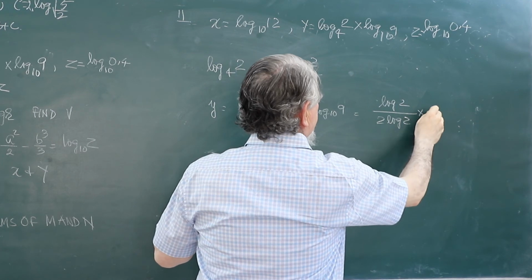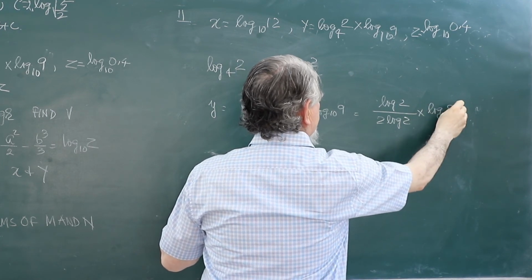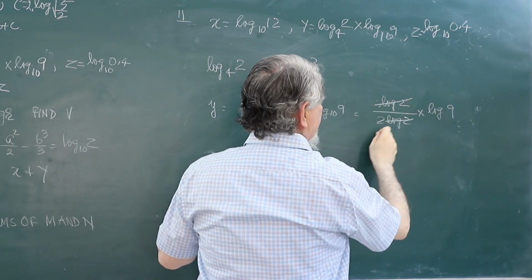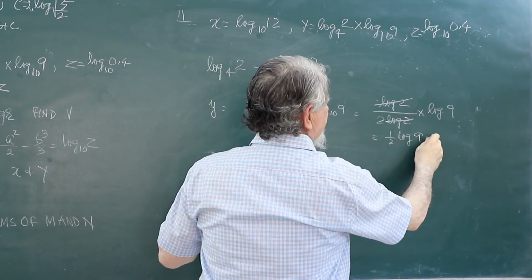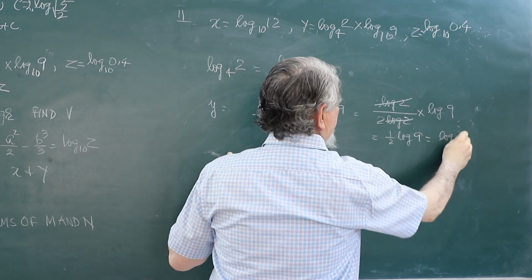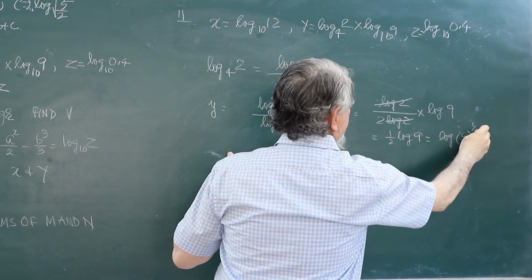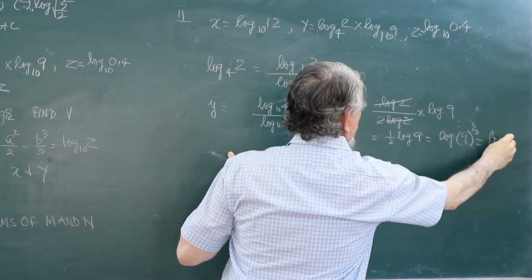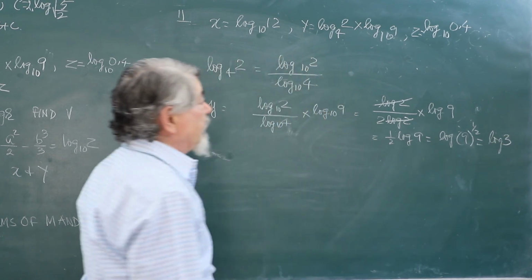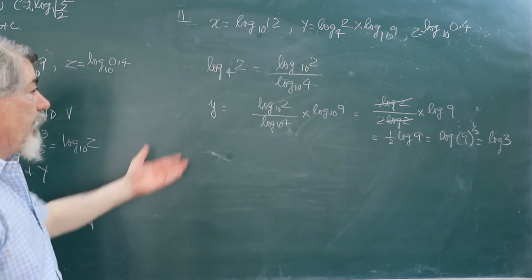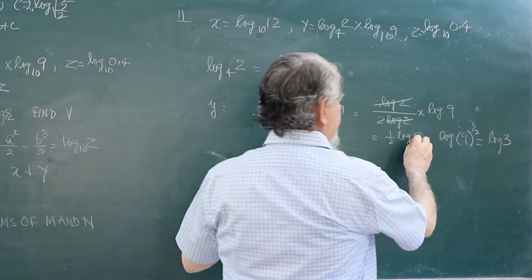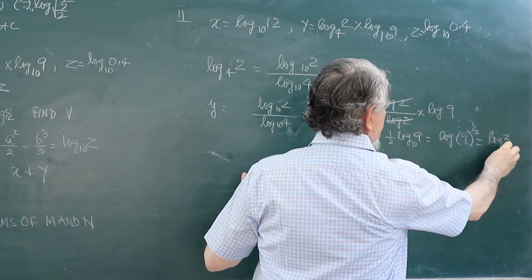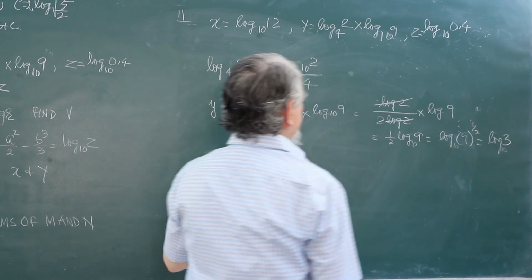I'm not writing the base because it is to the base 10. Log 2 will cancel, it will become half log 9, which can be written as log 9 to the power half, which is log 3. So basically you've converted y as log 3 only. The value of y is log 3 to the base 10. Everywhere it is to the base 10 only.